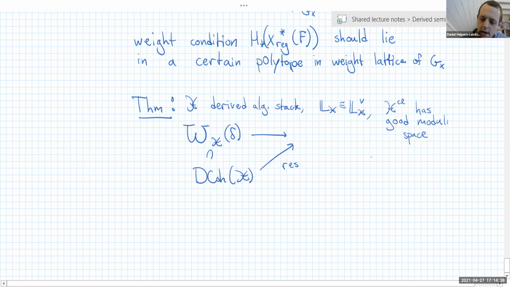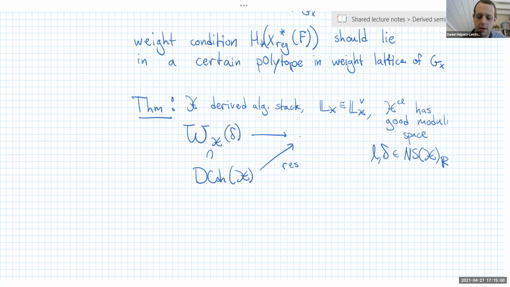And then L and δ live in the Néron-Severi group of X. So for any L, you can define the semi-stable locus. You could just say it in terms of the Hilbert-Mumford criterion, locally over the good moduli space, if you'd like.